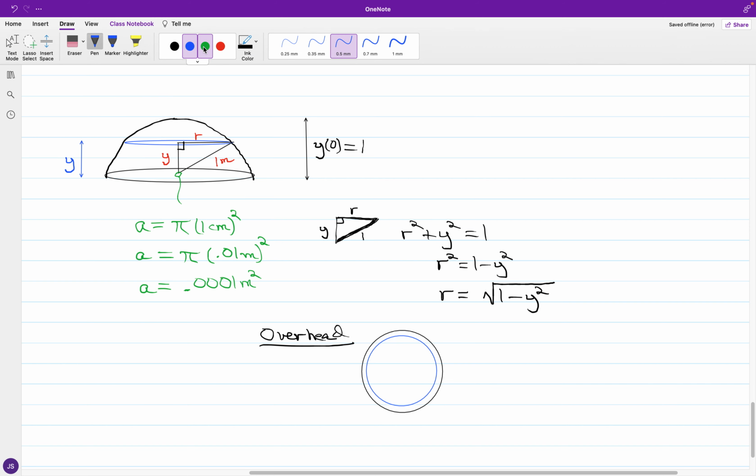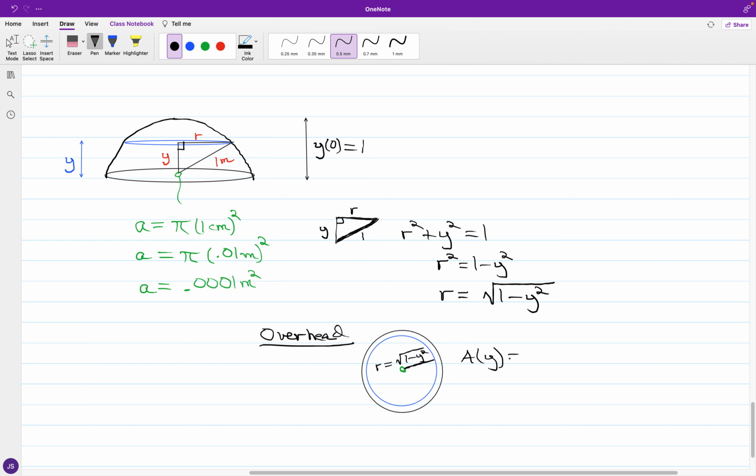And at the base, we have that 1 centimeter radius hole. And for the liquid, that's going to be defined whereupon the radius is the square root of 1 minus y squared. And for the cross-sectional area, again, we have it to be circular.